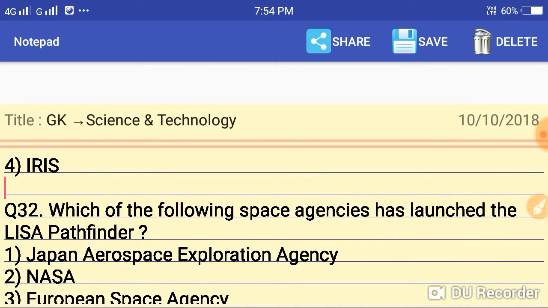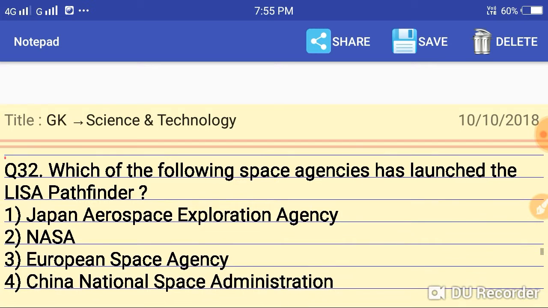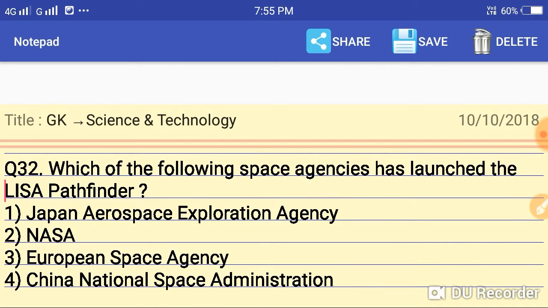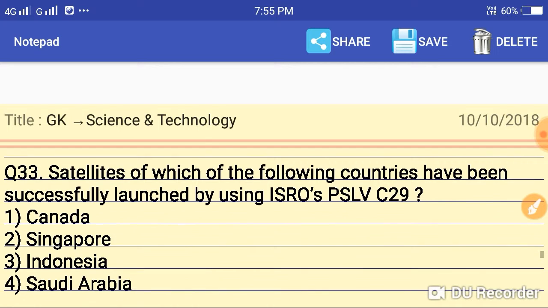Which of the following space agencies has launched the LISA Pathfinder? So for 32, the right answer is option number 3, European Space Agency. This is an important question. Next question.